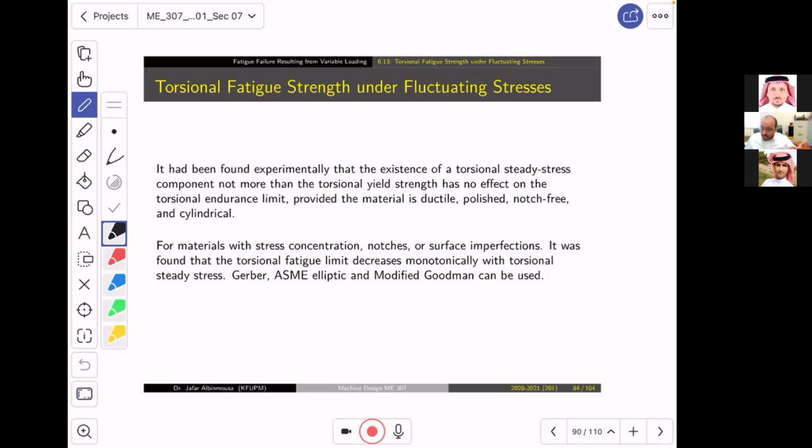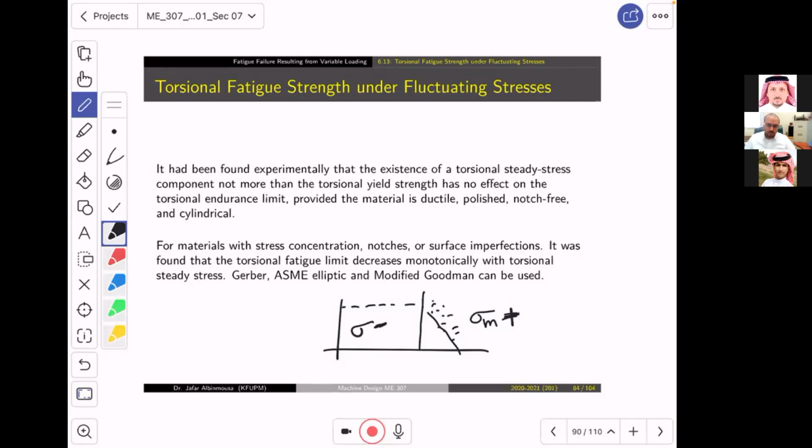Now, we indicated through the figures, if you remember this figure is very important, that positive mean is dangerous. And when we talked about positive mean, we talked about sigma, a positive normal mean. Normal, meaning normal stress. And here it is negative. We did not talk about tau, and the reason is this.